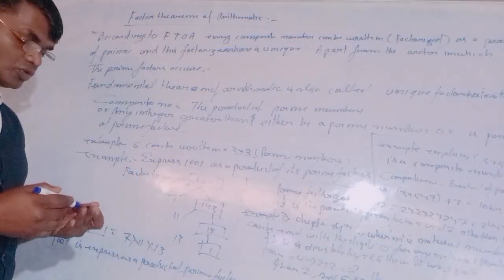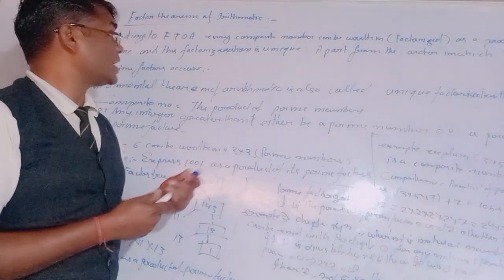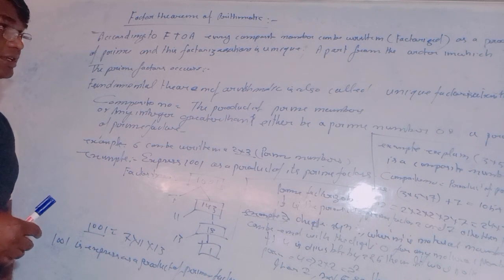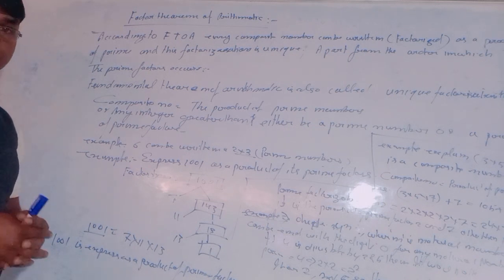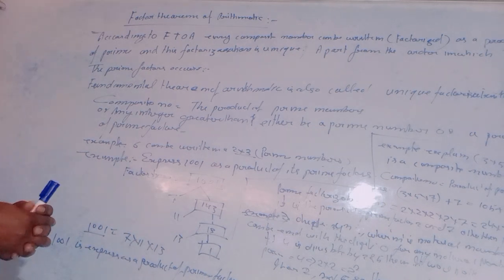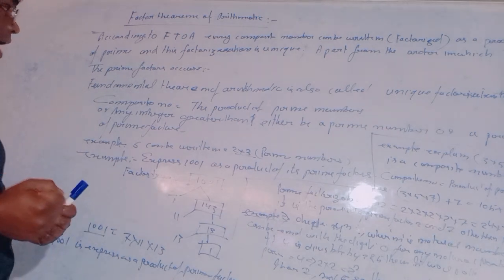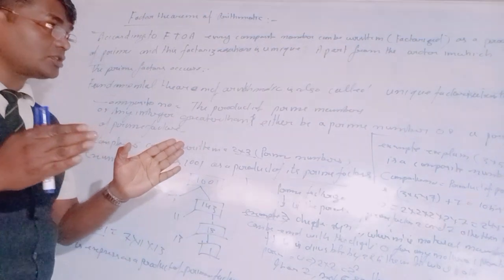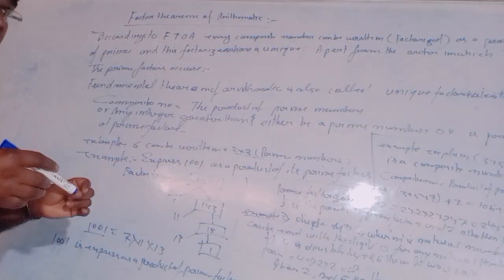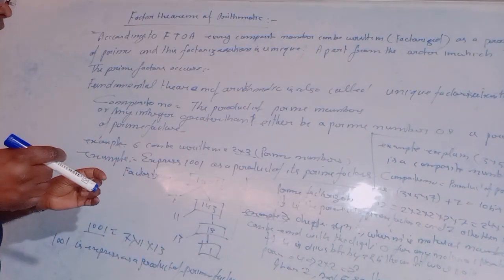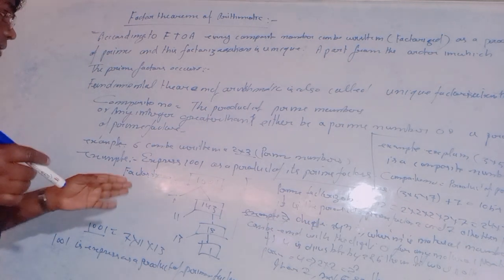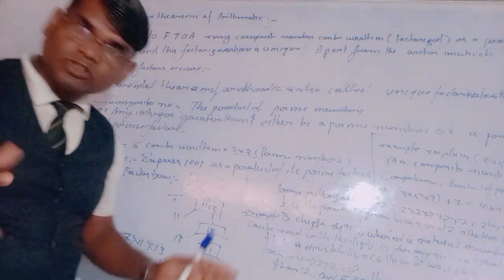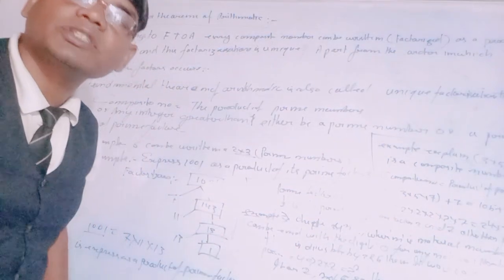I hope you understood all the problems related to arithmetic. The fundamental theorem of arithmetic says that a number can be written as a product of primes, and this factorization is unique, apart from the order in which the prime factors occur. So these are the fundamental theorems. I hope you understood them. Thank you very much.